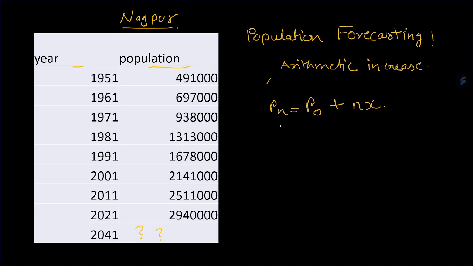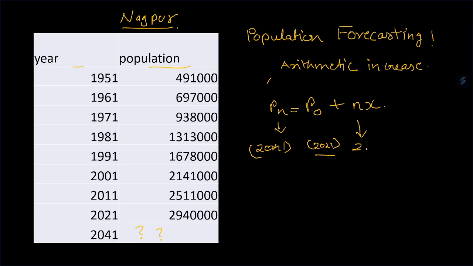So here Pn is the population which we desire to find out, that is the population in 2041. P0 is nothing but the population of the last known census, that is 2021. n is nothing but the number of decades between present, so here present is 2021, and the year for which we want to find the population, that is 2041.